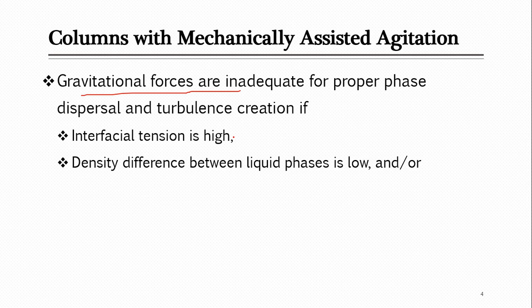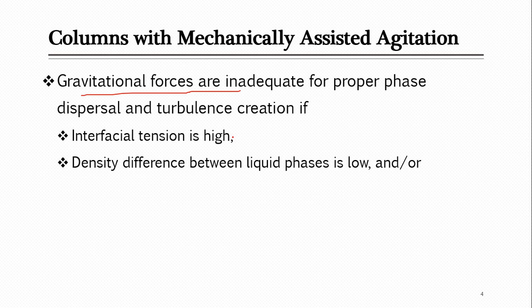Not much mass transfer will take place, because if one is heavier and the other is lighter, definitely the heavier has more gravitational pull. It will go down, and the lighter has less, so it will move towards the upward direction. But if they have the same density, the gravitational force on those will be the same, so definitely good separation will not take place, as we want the light liquid to enter from the bottom and leave from the top.